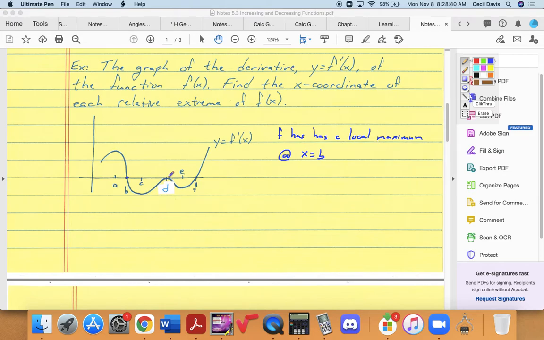is the derivative 0 at that point? This is the graph of the derivative. Yes. So that is a critical point of f. If it wasn't the graph of the derivative, if it was just the graph of f, could that be non-differentiable at that point? If this was the graph of f, this is differentiable. The derivative would just be 0.